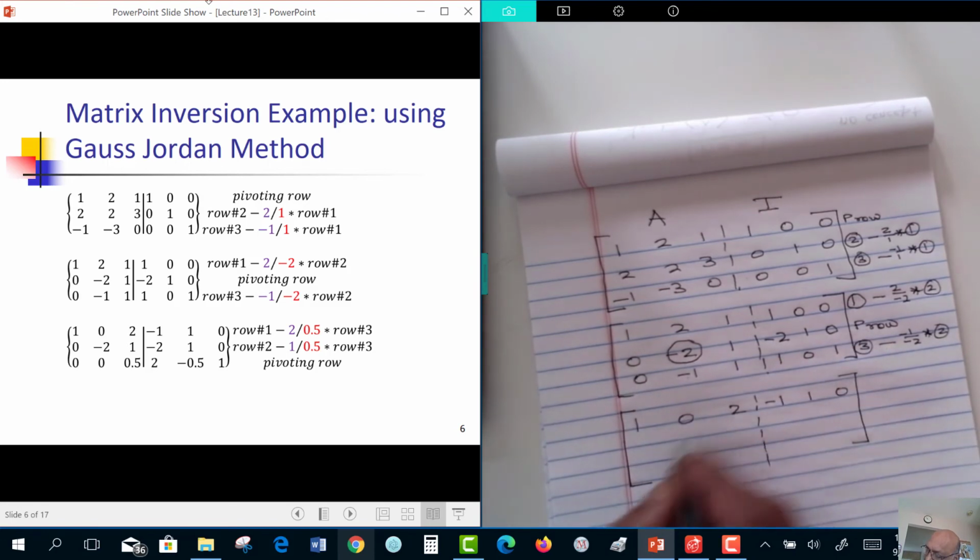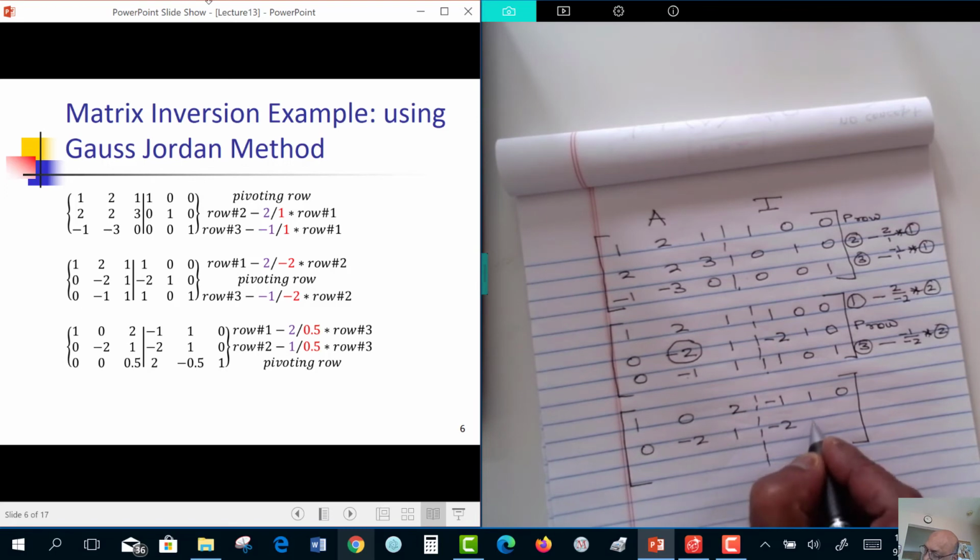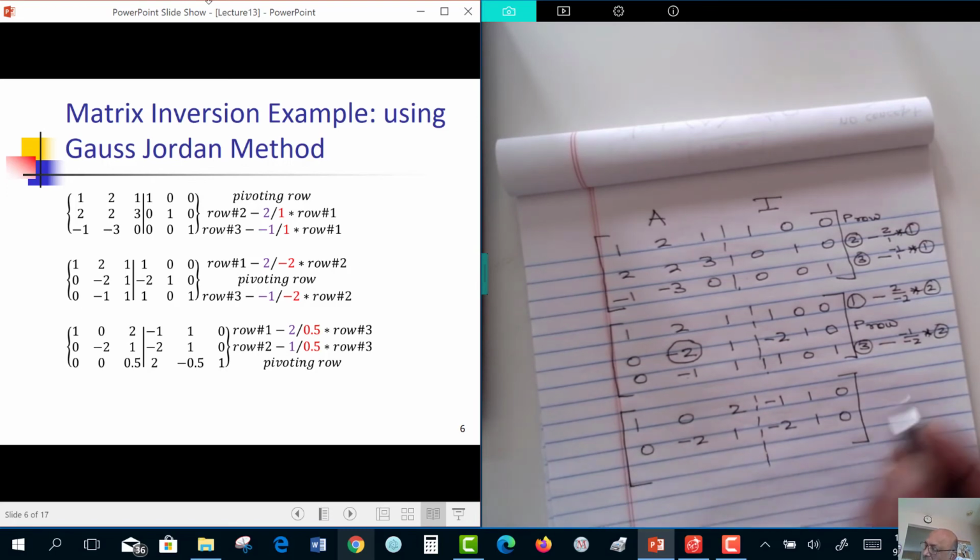We didn't change second row at all. And we are subtracting half of second row. Sorry, 1 minus half of 0. Okay.